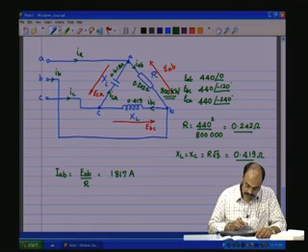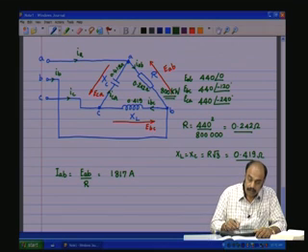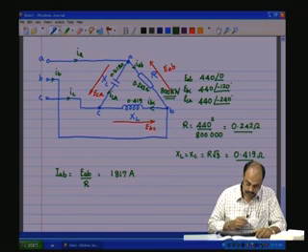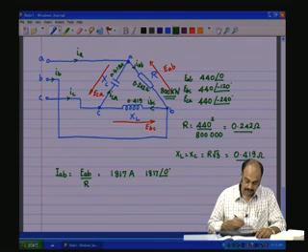So, this is 440 volts at an angle of 0 divided by R, which is 0.242, will give you so much amps, that is 1817 angle 0 degrees amps.